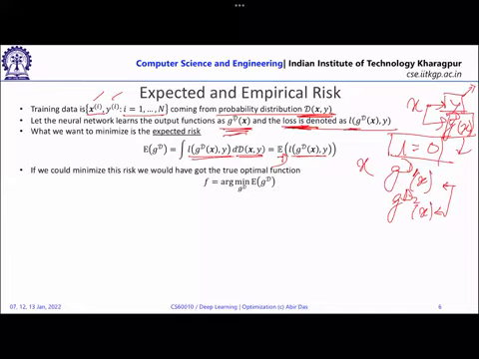And what does it mean? Say your cat image probability, meaning the probability of getting a cat image if you randomly take one image from your world of images.